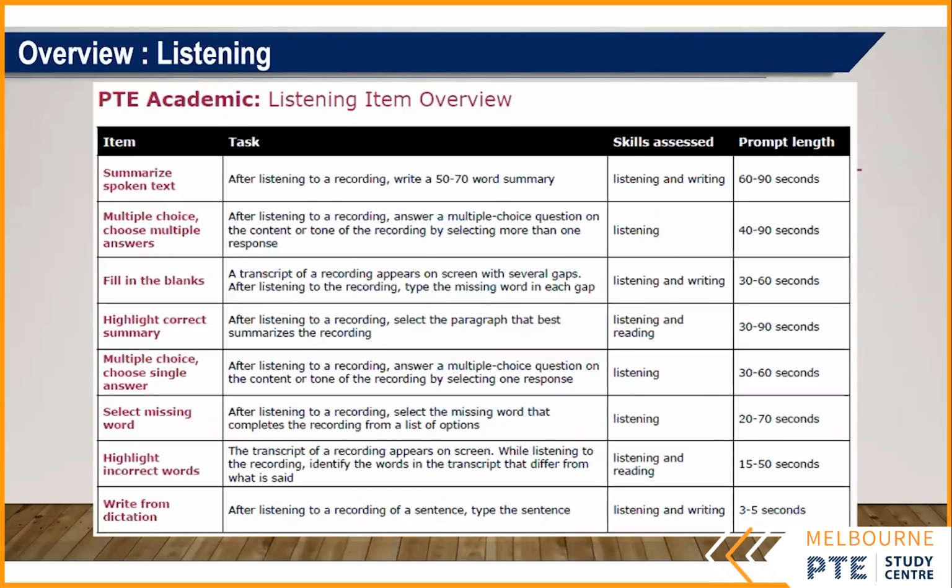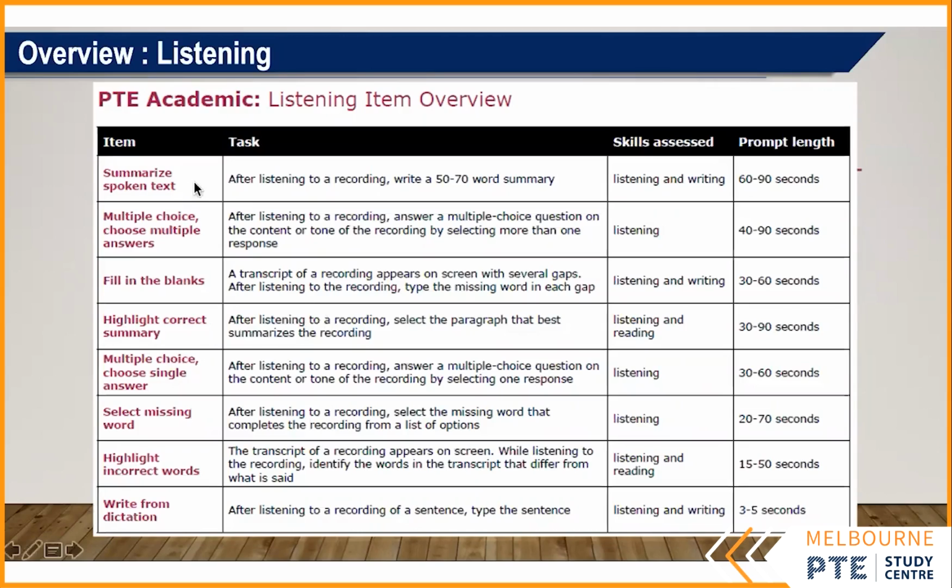Now, in the listening section, can anyone tell me, is time management automated or self-managed? Self-managed, except for one task. There's one task which is not considered a listening task, it's more like a writing task. Summarize spoken text is the only task in the listening section where you do not have to manage time.